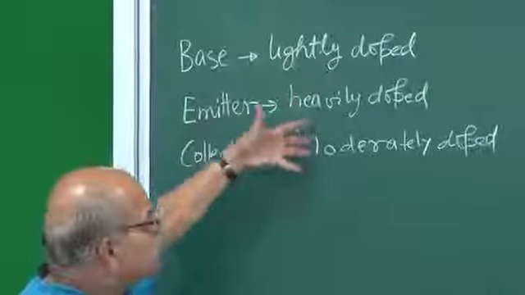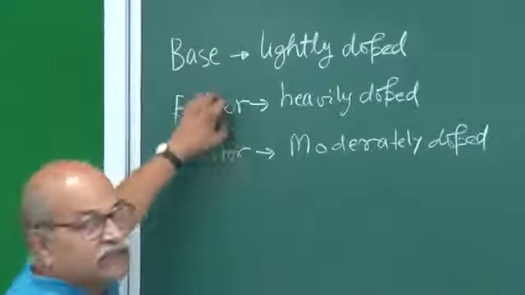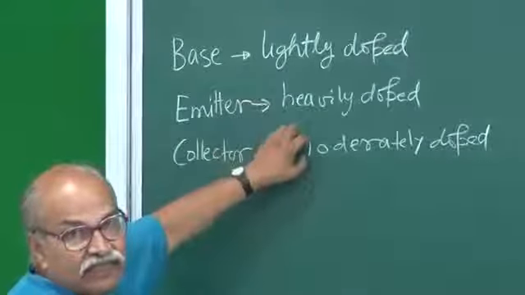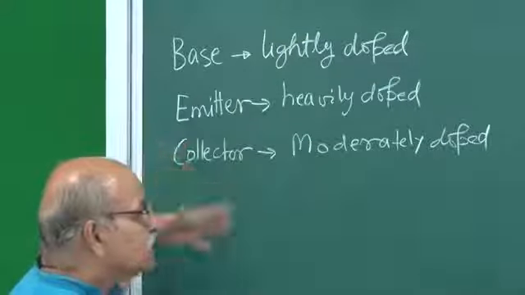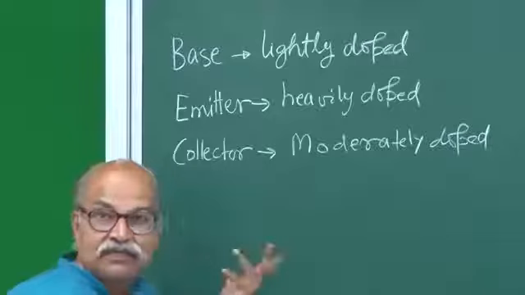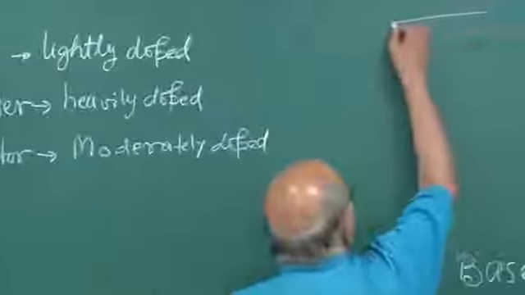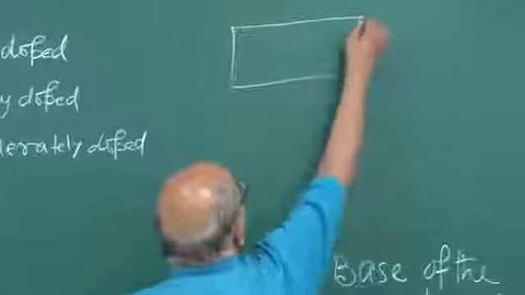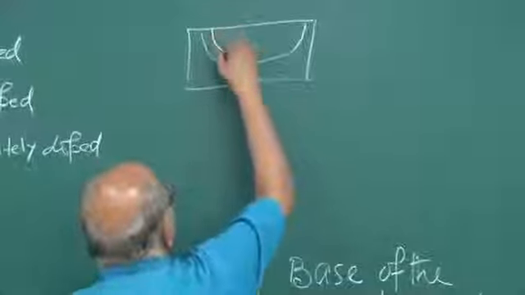Therefore you cannot interchange emitter and collector because their doping levels are different, although on a diagram it may look like both are the same.